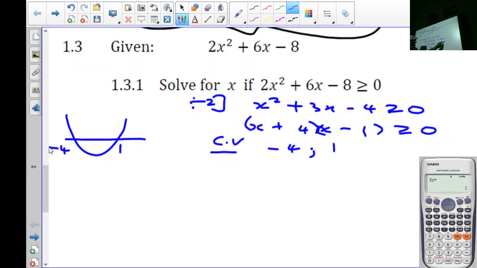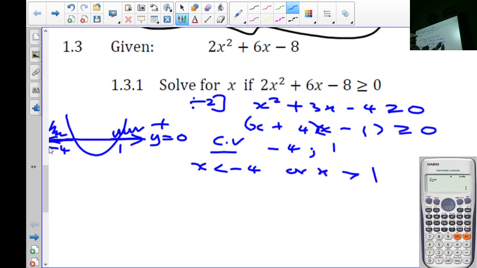So this is y is equal to 0, and greater than means the part of the graph above that line. So that part there and this part there. So in other words, x must be less than negative 4 or x must be more than 1. Since there's an equal sign as well, it's equal on both accounts there.